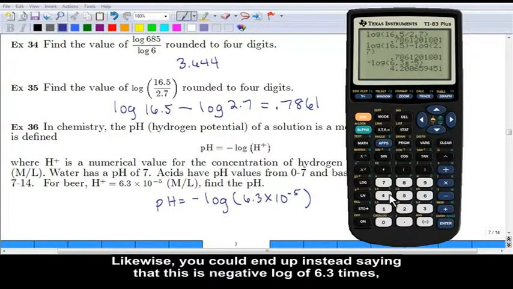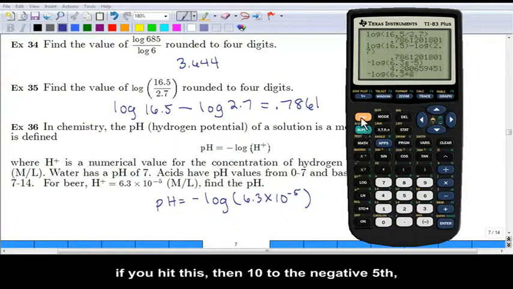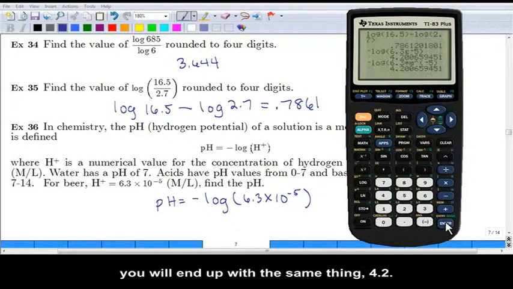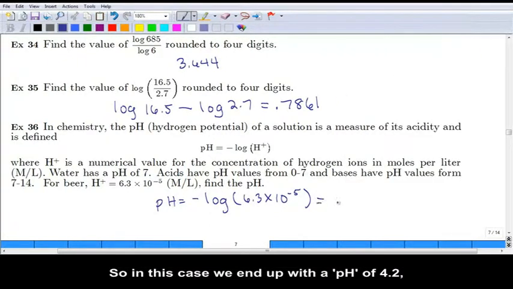Likewise, you could end up instead saying that this is negative log of 6.3 times, if you hit this then, 10 to the negative 5th, you'll end up with the same thing, 4.2. So in this case, we end up with a pH of 4.2, which says that this is actually acidic.